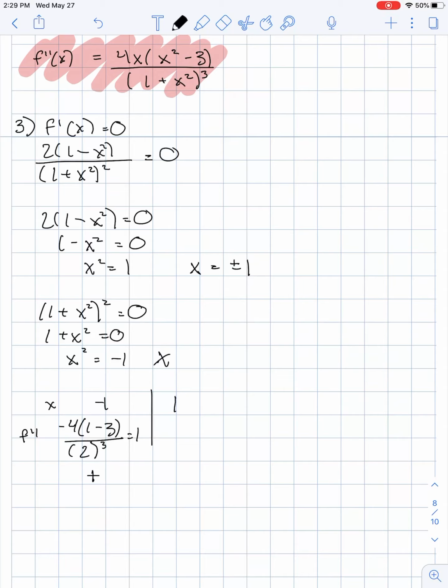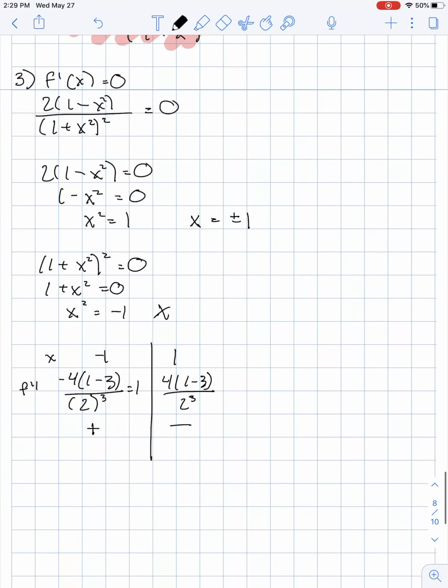And then if I plug in 1, I'll draw a little line between them. I'll get 4, 1 minus 3 over 2 cubed again, which is just the negative version. That gives us a -1. So concave up is a cup, concave down is a frown. So that means there is a minimum at -1 and a maximum at x equals 1.